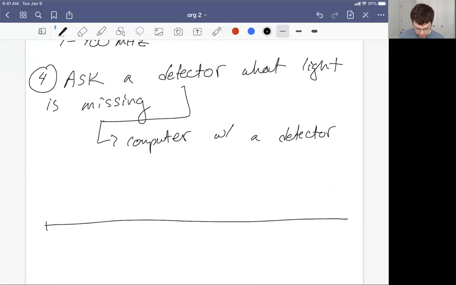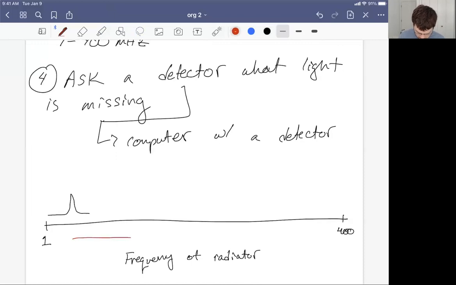It says, if I plot a chart where I go from 1 to 400, and this is the frequency of radiation, what it's going to report back is, if we walk down from 1 to 400, at a certain number, about 25, we see some missing values, and it's going to report back a peak for that. 30, 45.